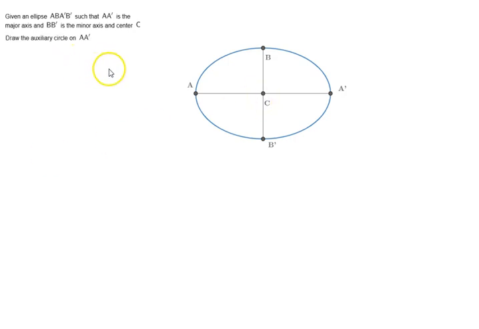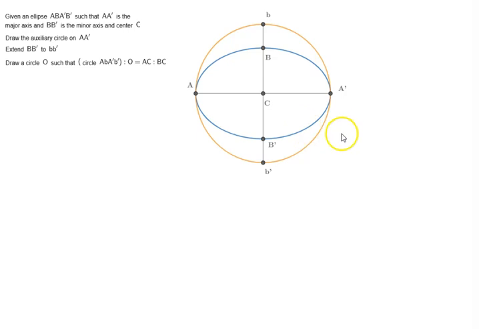Draw the auxiliary circle on A A prime. Extend B B prime to b b prime, lowercase. So let's extend them. Draw a circle O such that the area of the circle a b a prime b prime is to the circle O as AC is to BC.